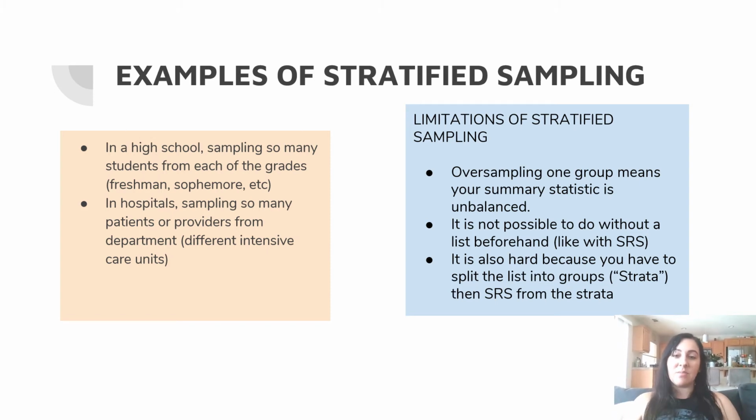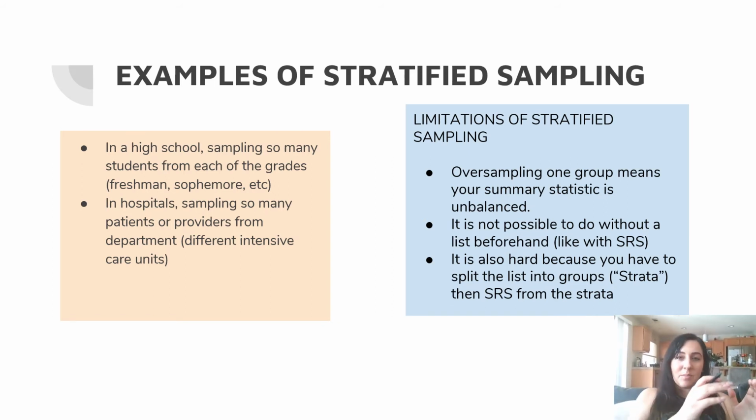You have to have your list ready to go before you start trying to organize and get your stratified sampling method started. Next, it is also difficult to do. It's more time consuming because you have to choose your strata. You're going to choose the different stratum, or the categories, that you want to look at. And then you have to take the individuals in your list and divide them amongst the stratum.